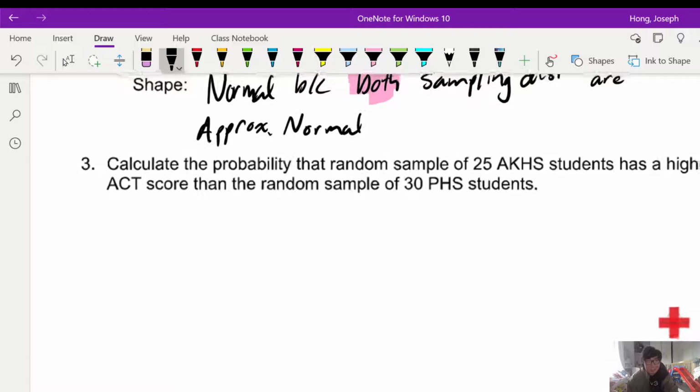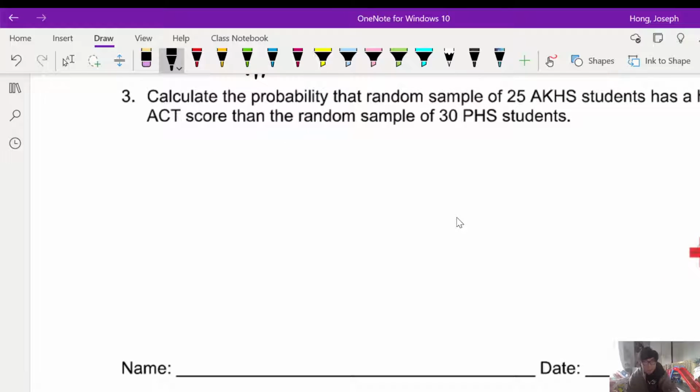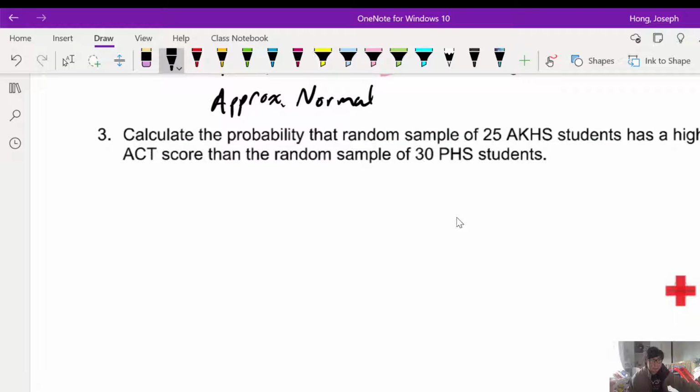Number 3, calculate the probability of a random sample of 25 kids having a higher mean than a random sample of 30 kids from Providence. So what they're asking us really is a normal distribution question. We're going to be finding a z-score eventually.